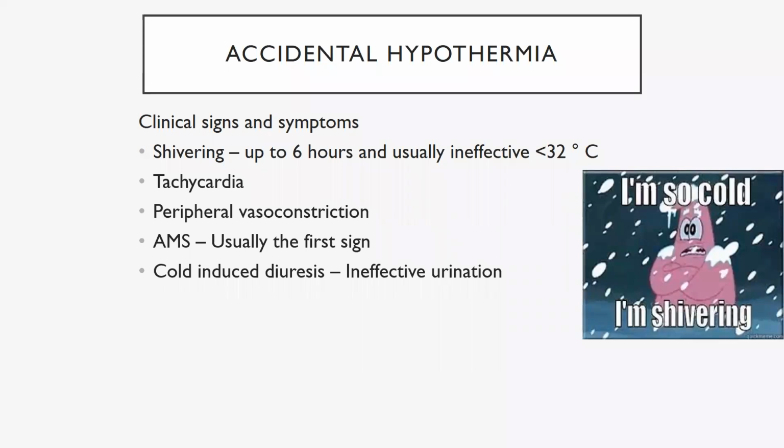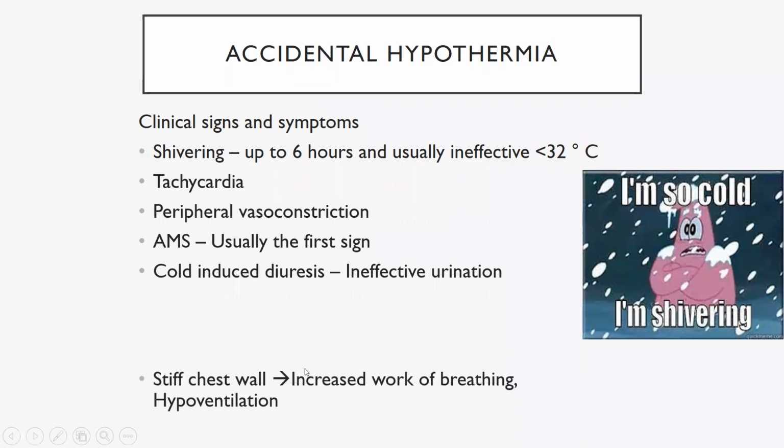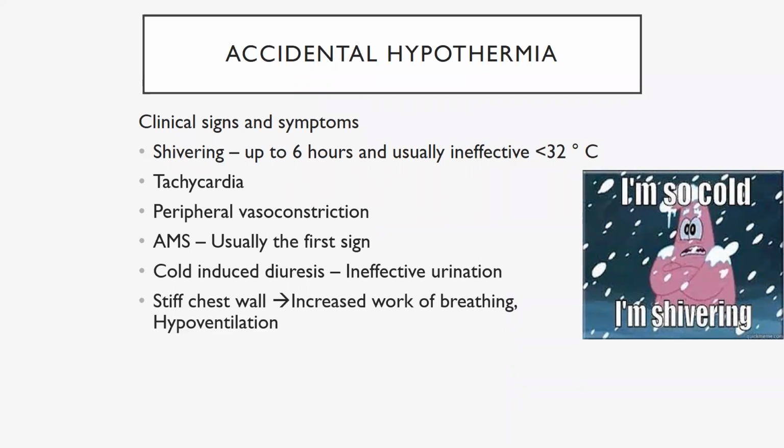With all these changes happening, a few other things: with cold temperatures, obviously your muscles get stiffer, and that includes your respiratory muscles too. So you get a stiff chest wall, your work of breathing goes up, hyperventilation ensues, and arrhythmias.